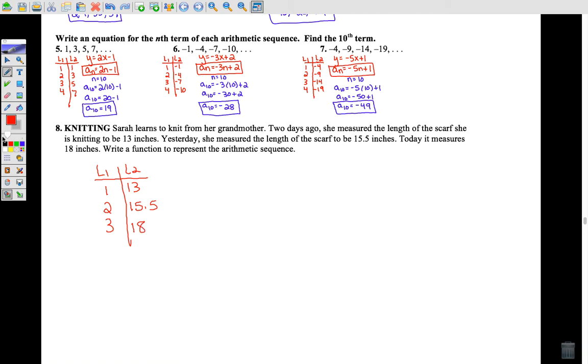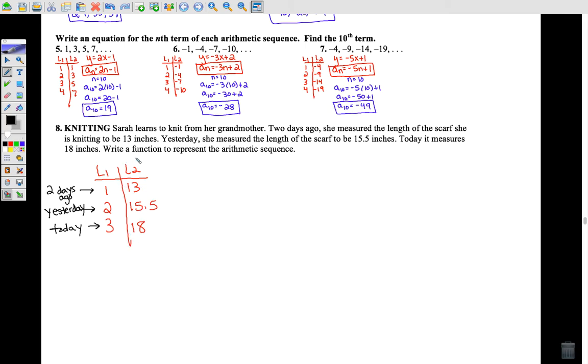Okay, so this first number was 2 days ago. This second number was yesterday. And this third number is today. Okay, so those are my 3 numbers.